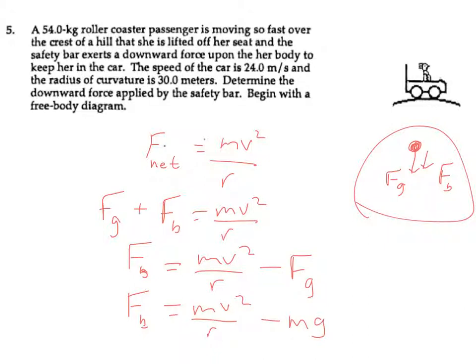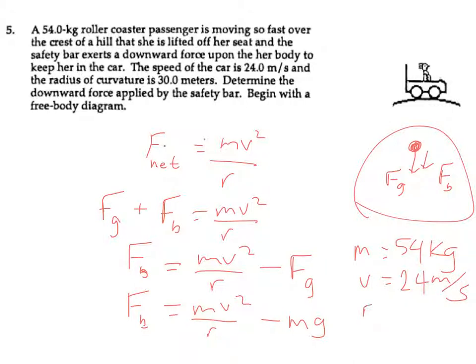Okay, so again, all of the variables that we have in the problem, we can apply them at this step. The mass of the roller coaster passenger was 54 kilograms. The speed of that cart and hence the person is 24 meters per second.